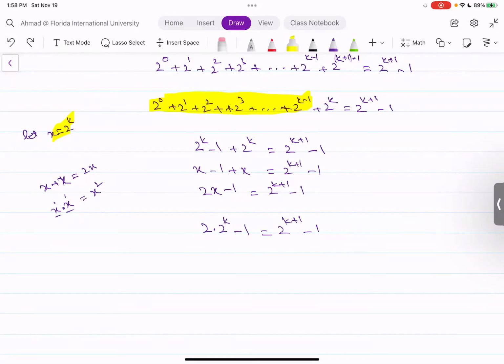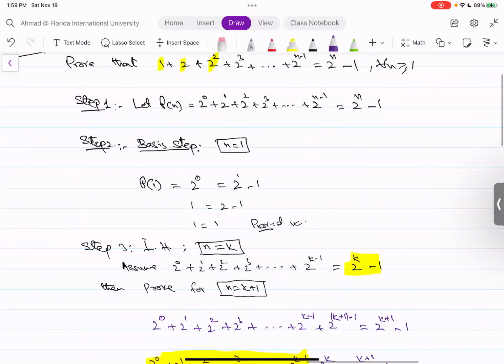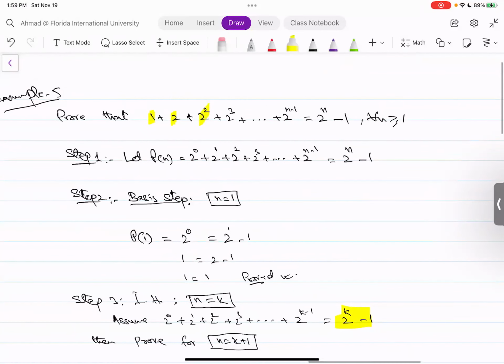So can I write this as 2 with the same base and the exponent? The exponent of the first 2 is 1. The exponent of the second 2 is k, which gives k plus 1 minus 1, exactly the same value that is on the right hand side. So hence we have proved that this is true.